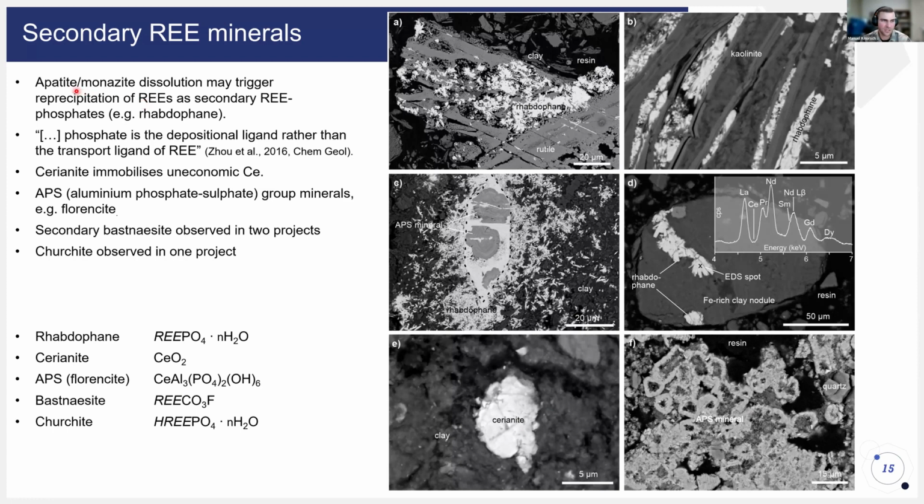So whenever apatite dissolves or monazite dissolves or another rare earth mineral dissolves next to apatite, and you bring them both into solution, then secondary rare earth phosphates precipitate. That's a quote I quite like: phosphate is a depositional ligand rather than the transport ligand of rare earths. So that's why we see a lot of rhabdophane, or at least secondary rare earth phosphates, within those deposits.